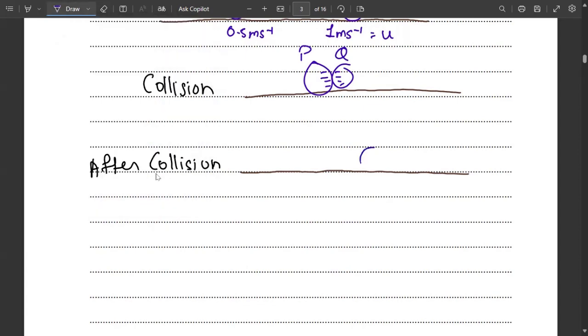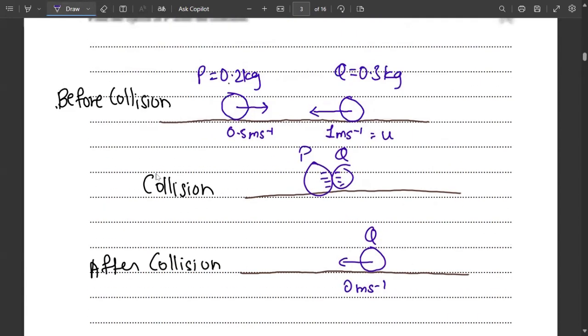That means Q's velocity will be 0 meter per second. And P, we don't know what will happen to P. It can move here or here.